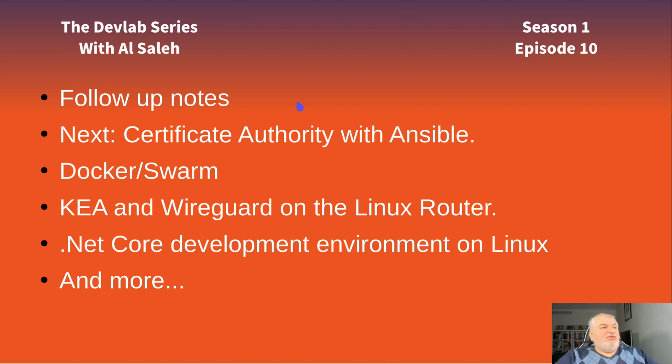After that, we will go directly to the Linux router and set up our custom router in the Devlab so that we can continue with more advanced topics. One of the advanced topics that I'm planning is to consider whether we can do .NET Core development in Linux. I have never done that before. I think it will be fun to try, so let's do it.